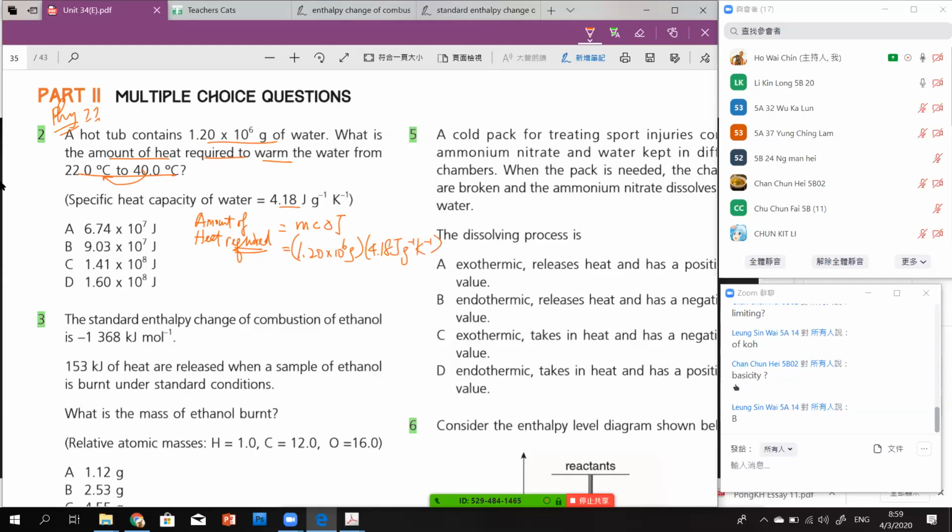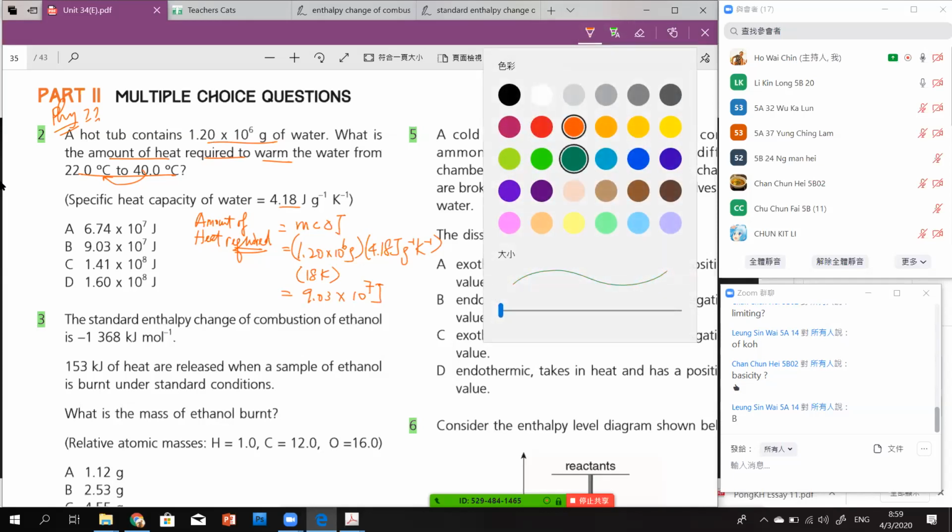Delta T is 40 minus 22, which is 18 Kelvin. So you may get the answer. It is 9.03 times 10 to the power 7. The unit is now joule.